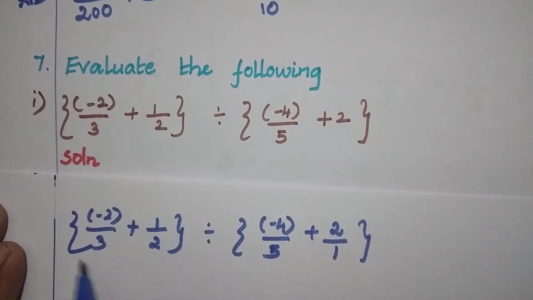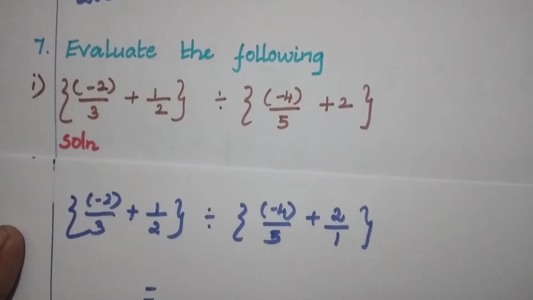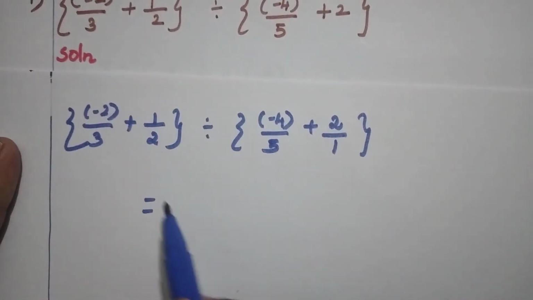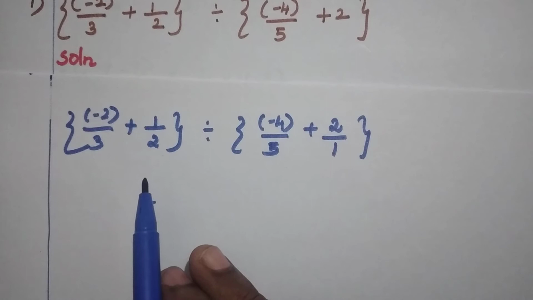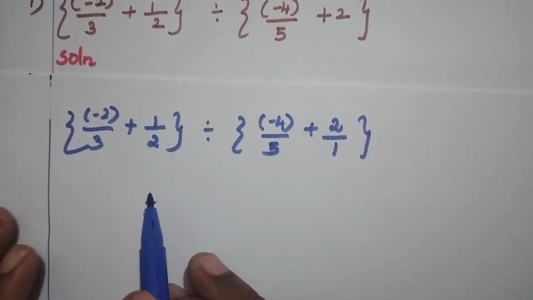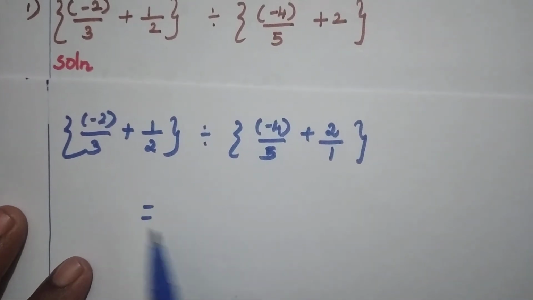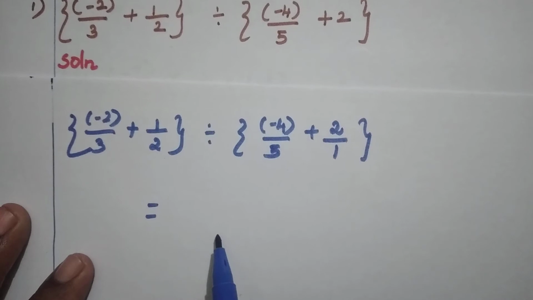So let us solve this first bracket. So look at these denominators. These denominators are different. How do we solve this one? Yes, we have to take the LCM. So what's the LCM of 3 and 2? LCM of 3 and 2 is 6.